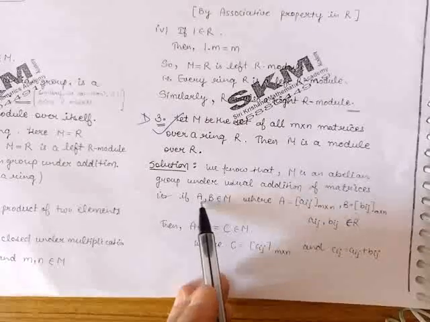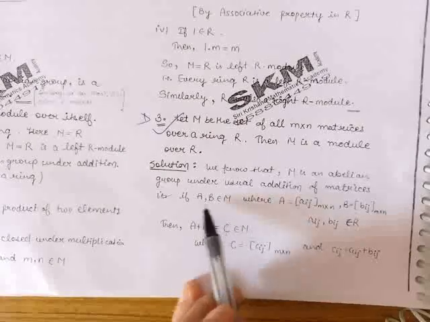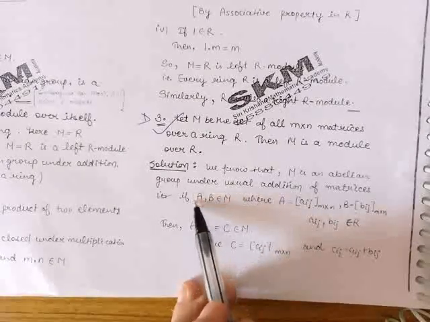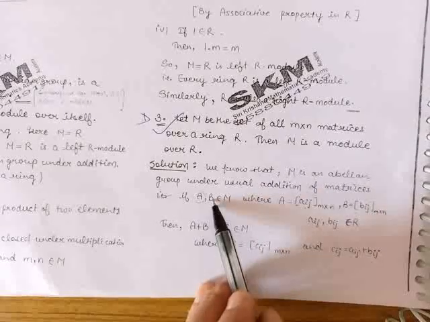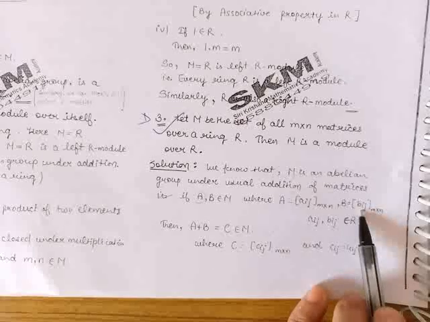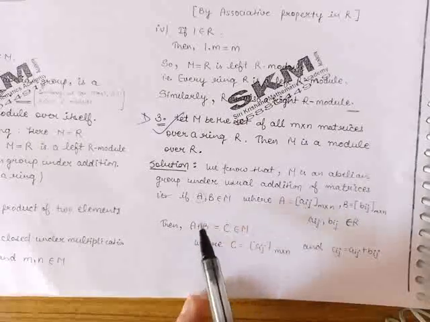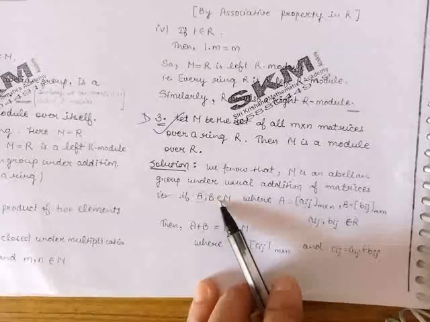If we take two matrices A and B from the set M, we denote the entries of matrix A by Aij and the entries of matrix B by Bij. Now we can define A plus B because A and B are both matrices of M cross N order.